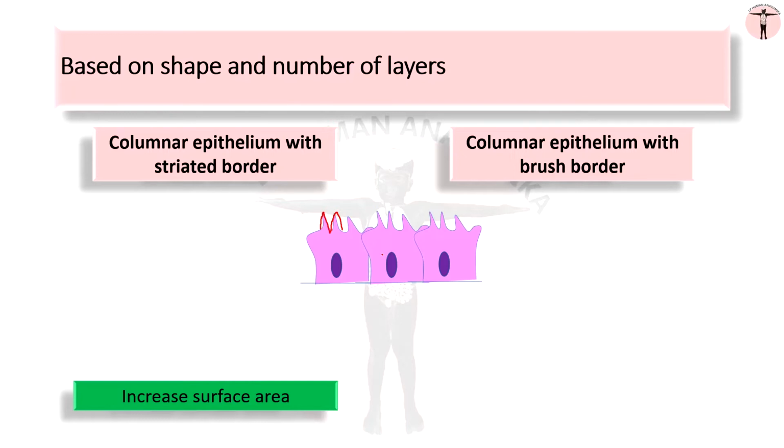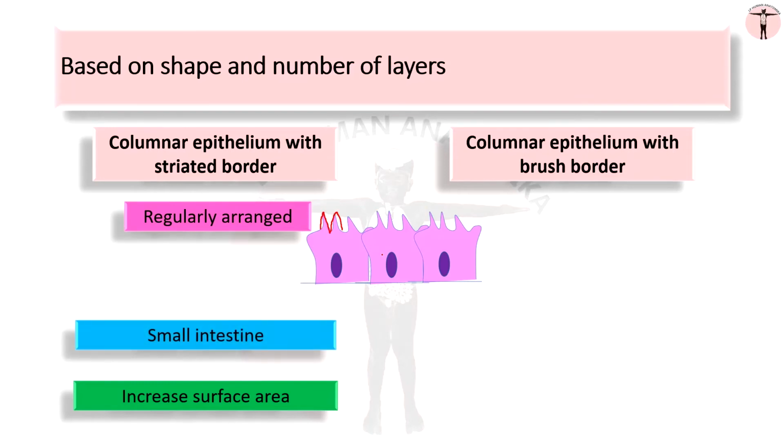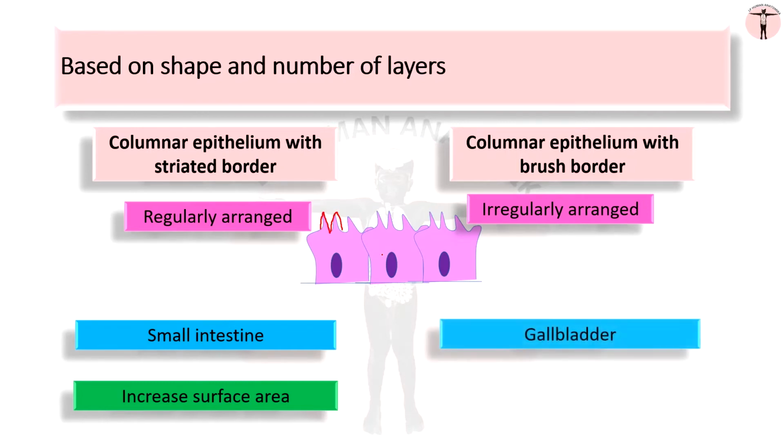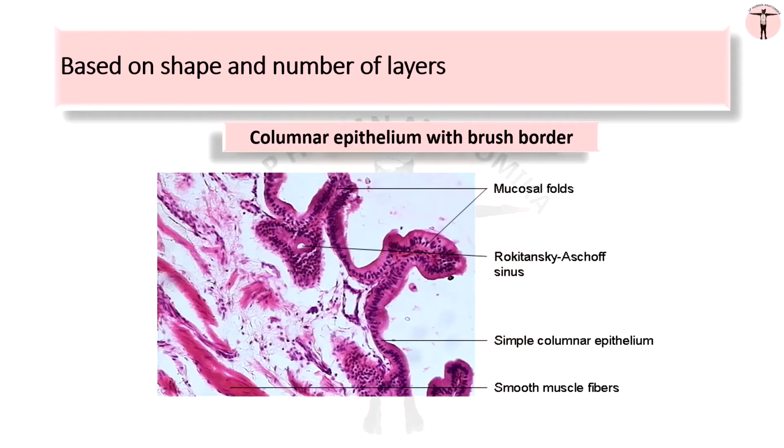In columnar epithelium with striated border, the microvilli are regularly arranged. It is present in the small intestine. In columnar epithelium with brush border, the microvilli are irregularly arranged and is present in the gallbladder. Okay, so this is the picture showing the section of gallbladder.